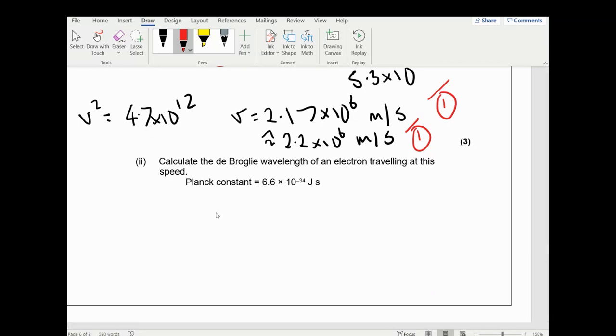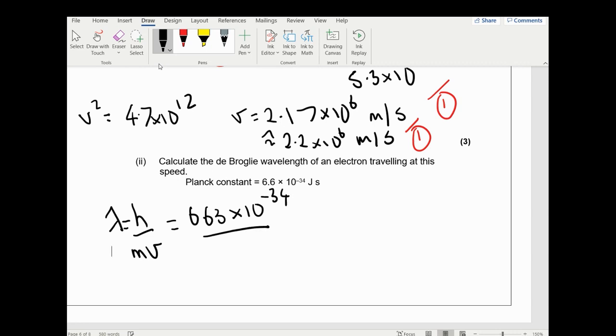Calculate the de Broglie wavelength of the electron. So lambda is h over mv. So the de Broglie wavelength lambda equals h over mv. So it's going to be 6.63 times 10 to the minus 34 over 9.11 times 10 to the minus 31 times 2.2 times 10 to the 6. You can actually do this bit without the bit above.